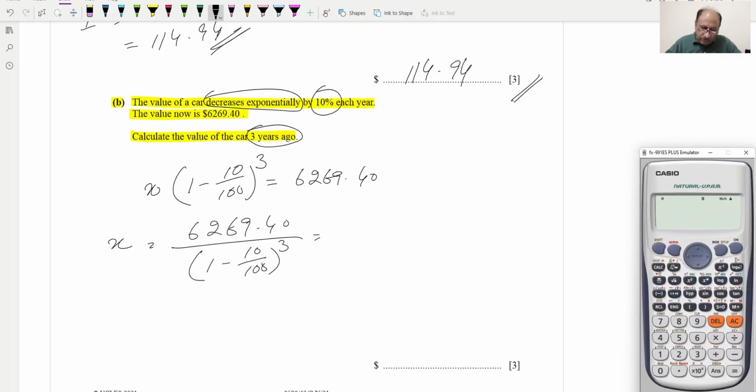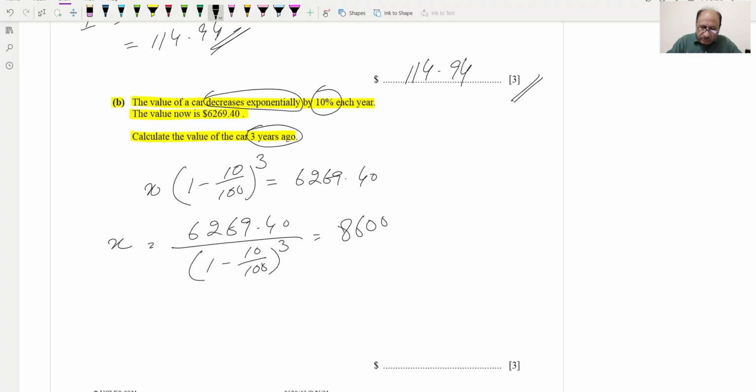This will be the fraction 6269.40 divided by bracket 1 minus 10 over 100, raised to the power 3, and this will give us 8600 dollars. This is the amount.